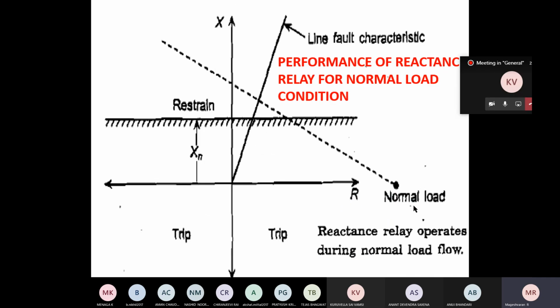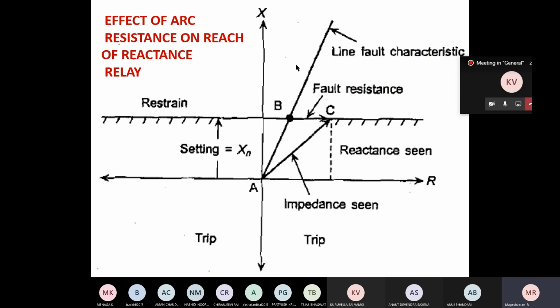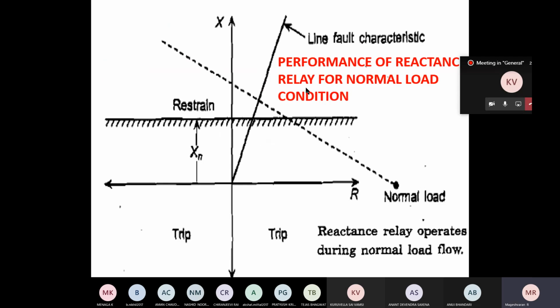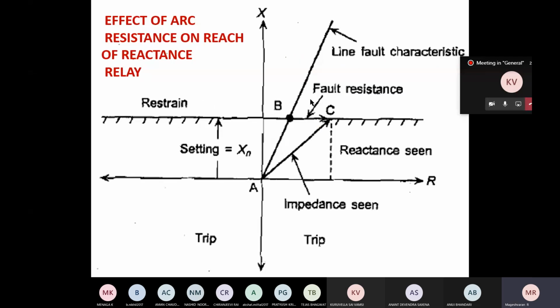So just now we discussed this normal load condition, which makes the relay operate, which is the very worst performance of the relay. Now, why is it tolerated? Why is this worst performance of the reactance relay tolerated? Because the reach of the relay is not disturbed by the arc resistance in the fault. Okay, you can see that.